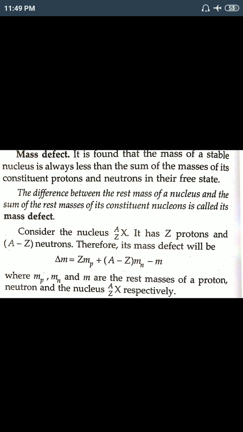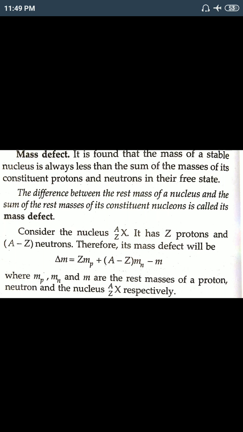So how can we find out the mass defect? Mass defect will be denoted by delta m. Suppose we consider X is the nucleus whose atomic number and mass number are given as Z and A. So it has Z protons and A minus Z neutrons.